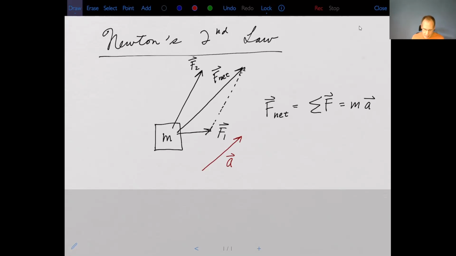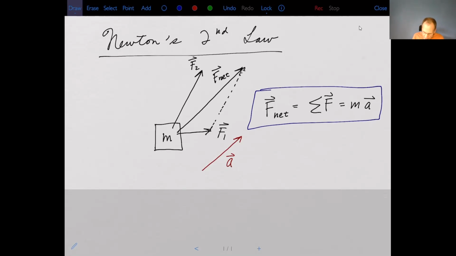Now, another thing, since this is a vector equation, we can attach a coordinate system. And in fact, we do want to do this typically when we analyze these types of problems. You attach a coordinate system, and then we can resolve the vectors into their components, the x component, the y component, and if we had 3 dimensions, also the z component. So this one vector equation is really 3 equations in one.